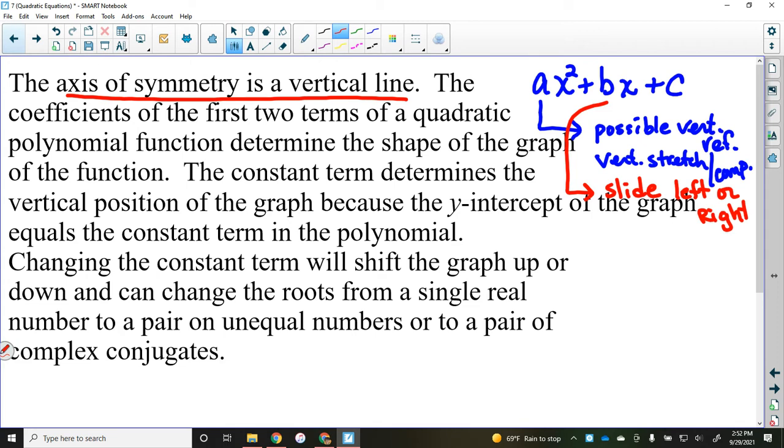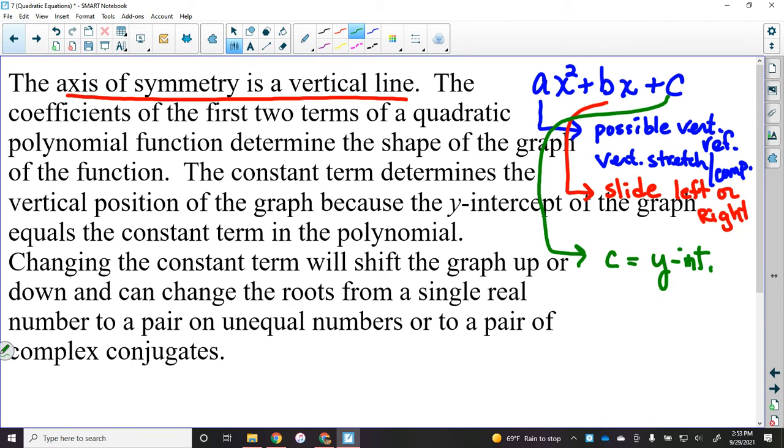And then, guys, the c. Translated up or down, well, in a way, yes, but we can even get more specific. The c has a more specific job. It's the y-intercept.